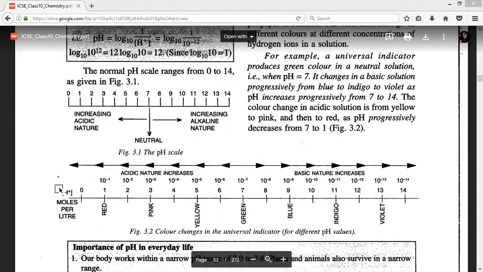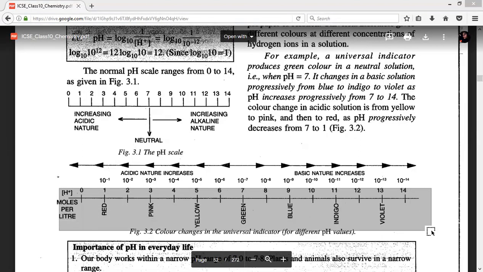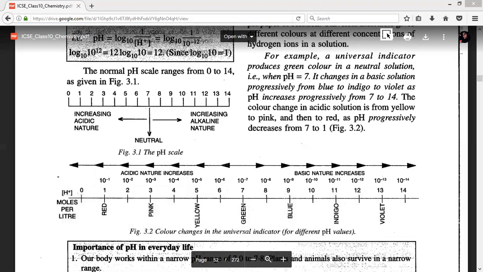At different levels, different colors are shown by the pH paper. You can check it in the scale: red, pink, yellow, green, blue, indigo, violet. Different values show different colors, by which we can identify whether a solution or substance is acidic or basic. It is a single paper or single solution which can check whether a solution is acidic or basic, named the universal indicator.